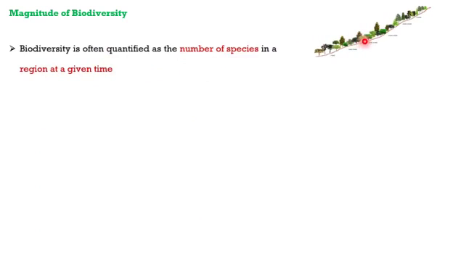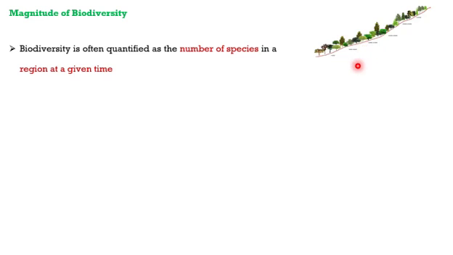time. So for example, consider this is a forest. Let's just assume this is the Western Ghats from our country. You want to measure the biodiversity of this particular forest. What you do is first identify the number of different species in this forest, including the trees, animals and plants, at a particular time.